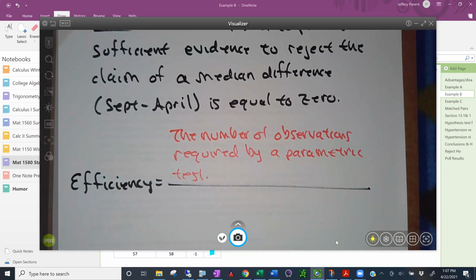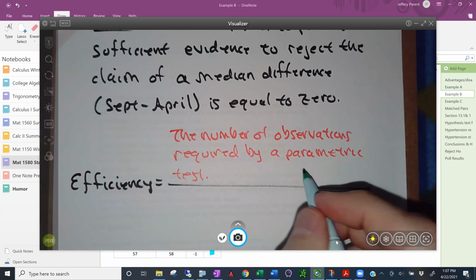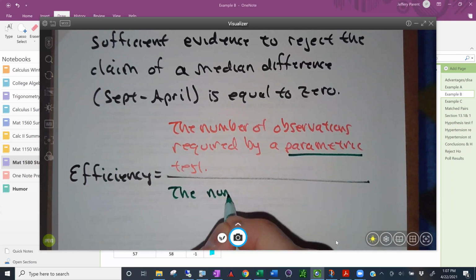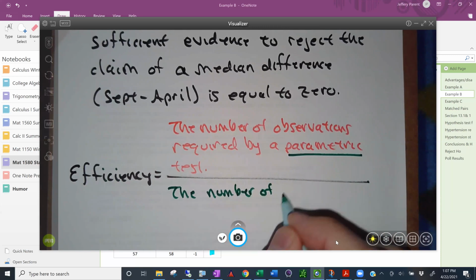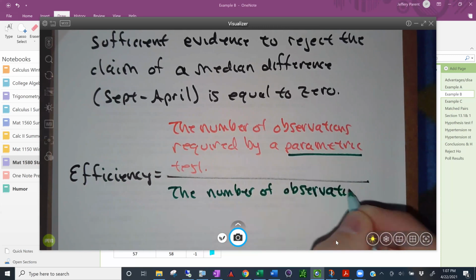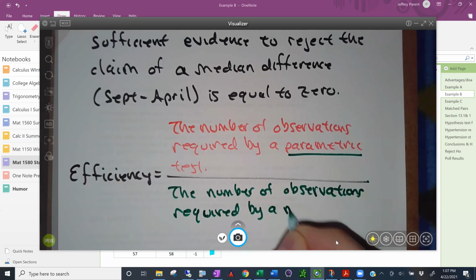I'm going to compare the number of observations needed for a parametric test to the number of observations needed by a non-parametric test. So number of observations required by a non-parametric test.